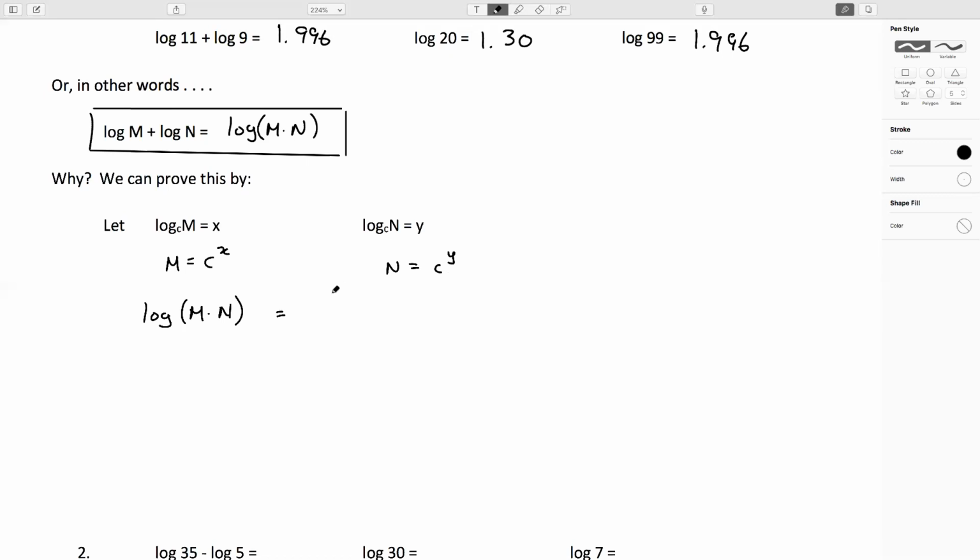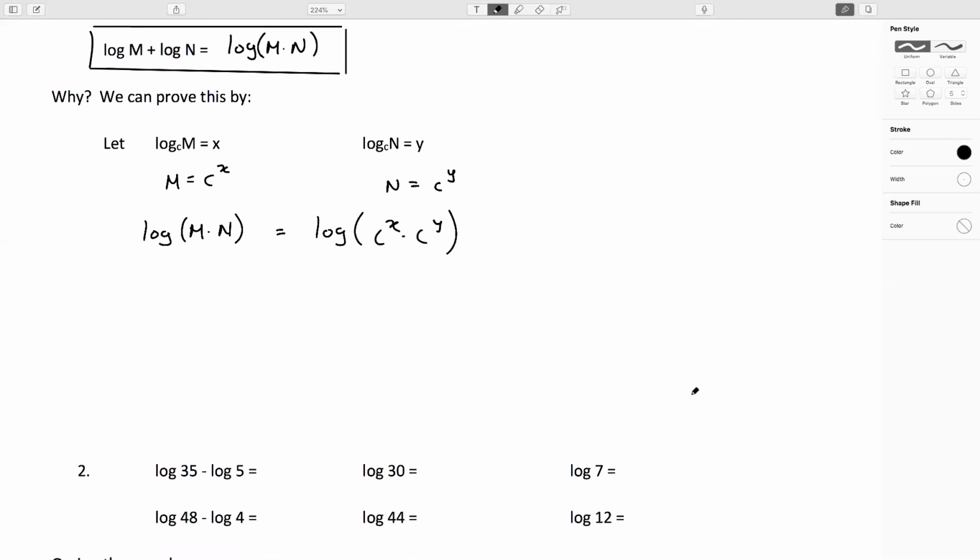So this turns into log of c to the x times c to the y. We know the exponent rules for this: we can simply add our exponents. So this equals log of c to the x plus y. I should probably be more careful, these are log base c's.